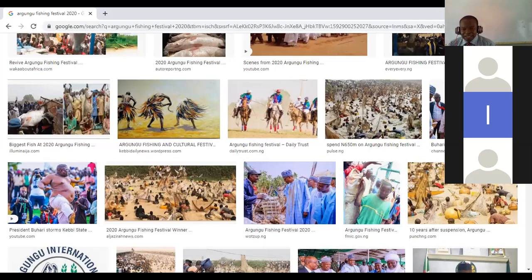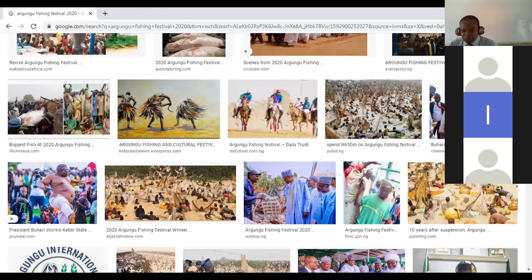Now, I want to go on to methods of fishing or scales of fishing. Now, look at your screen. There are two methods of fishing. The method of fishing refers to the scale of fishing. The scale means the volume of fish caught at a time.